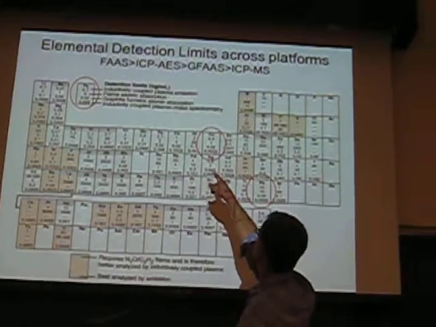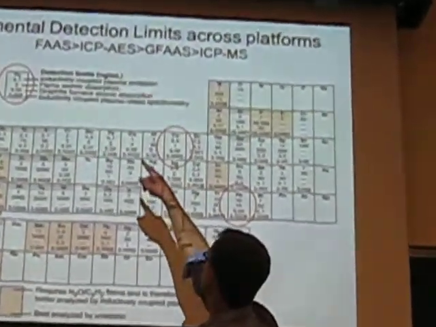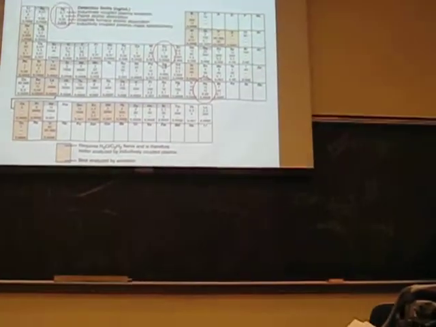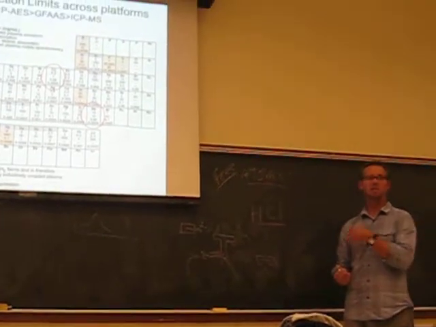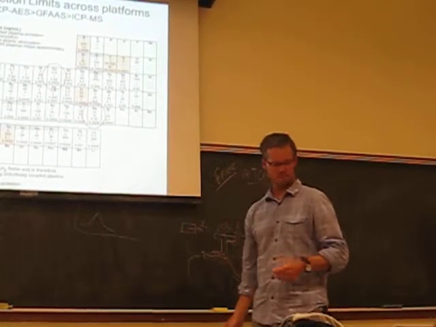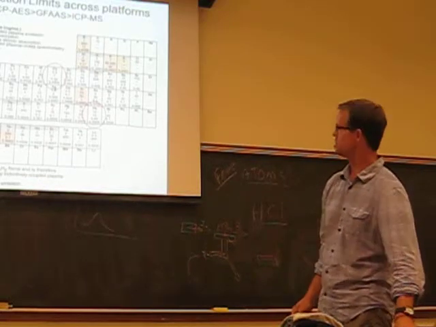You can look across and see how the detection limits vary based on the kind of instrumentation being used. Since there's a relationship between cost and detection limit, and we're a public institution, we have a relatively inexpensive instrument that's totally adequate for some things, but would not be adequate for other things in terms of detection limits for measuring copper or lead.